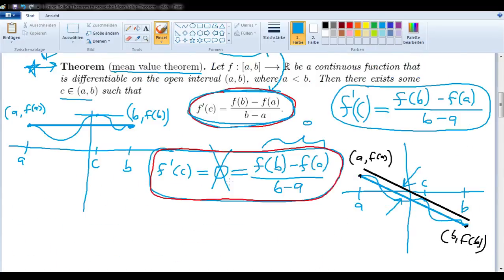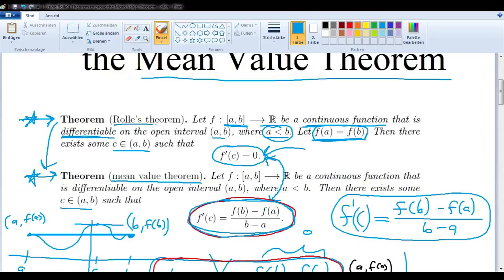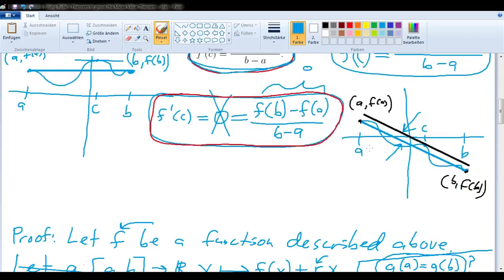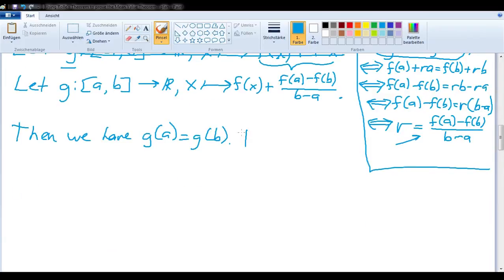And since that is the case, we can use Rolle's theorem, which means there is some c in (a, b) such that, in our case, g prime of c is going to be equal to 0. So then we can write that.